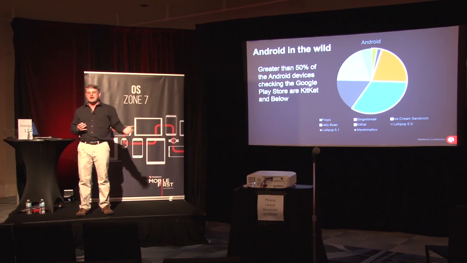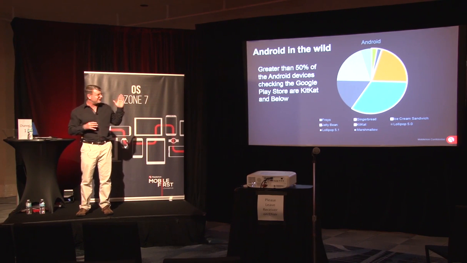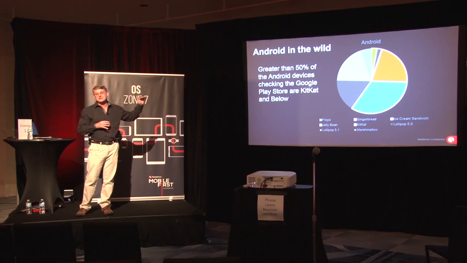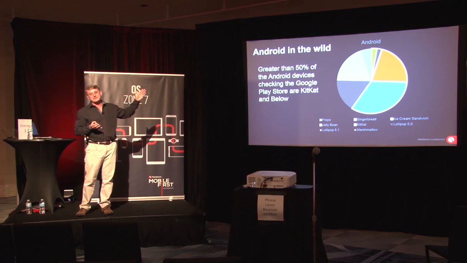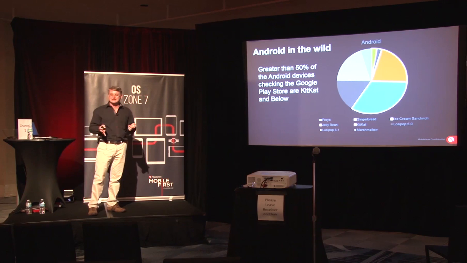About 65% of the devices are running 5.0 or lower. Many of the devices that are running 5.0 still don't have permission to do Android for Work. So almost 75, probably 76% of the devices out there can't even run Android for Work. So a container is necessary.